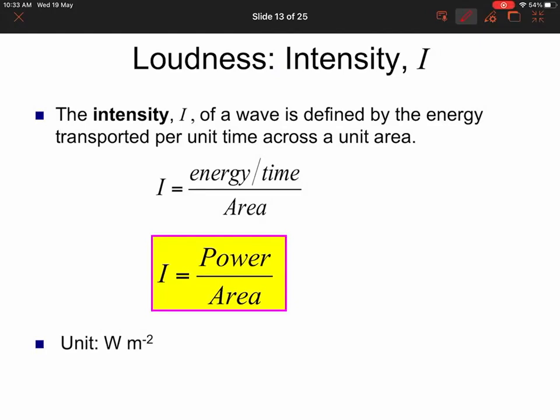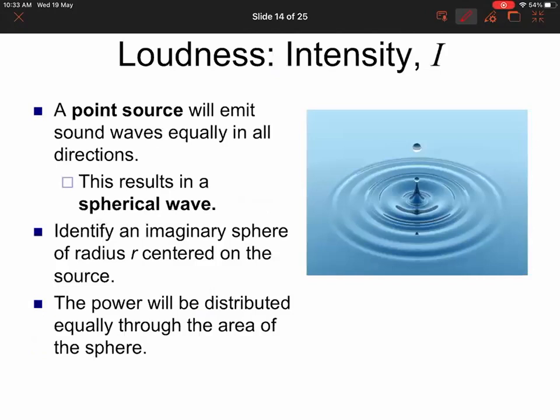To imagine what the area is, imagine how sound propagates. Consider a point source of sound. This sound will propagate all throughout space, like in 360 degrees. That's why if you have a speaker in the middle, everyone around it can hear the sound equally. So the sound will propagate through space.